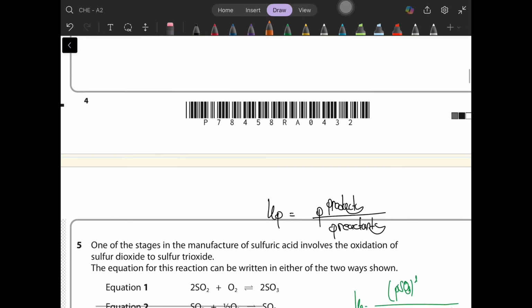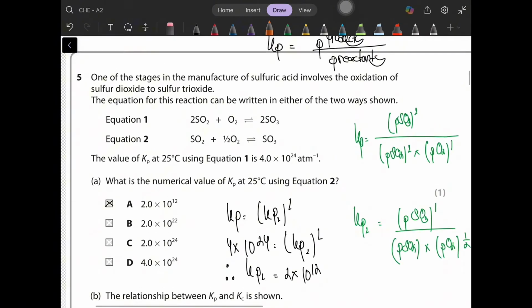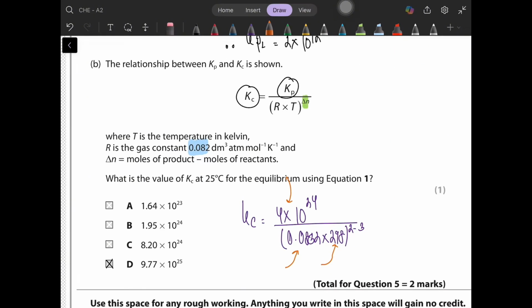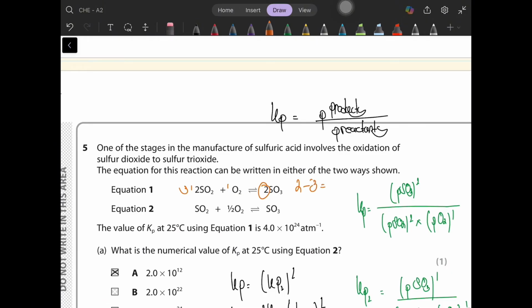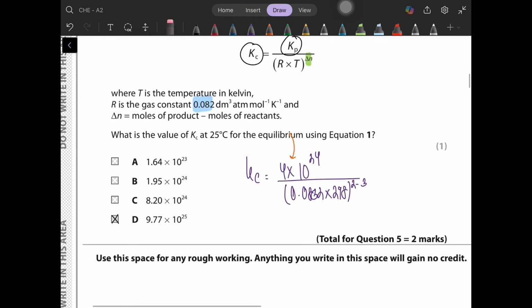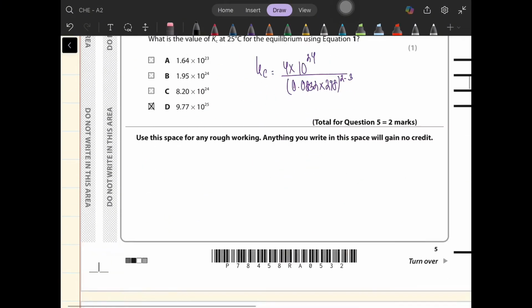We just need to find the moles. n is the number of moles of product minus reactant, so n of product minus n of reactant is 2 minus 3, that is minus 1, which is the value of n. Once you plug it into this equation, you're going to get a value. So the answer should be D. Let's move on to the next question.